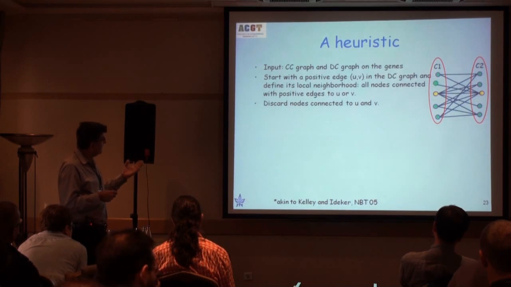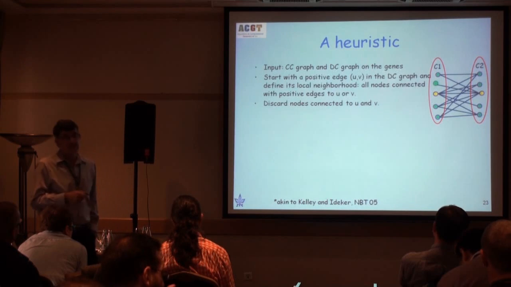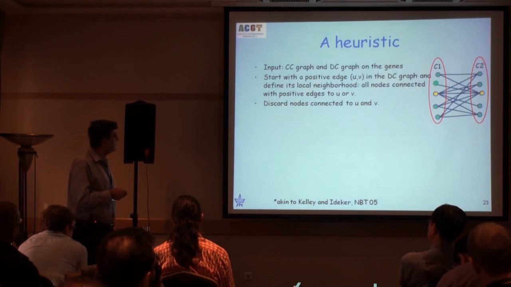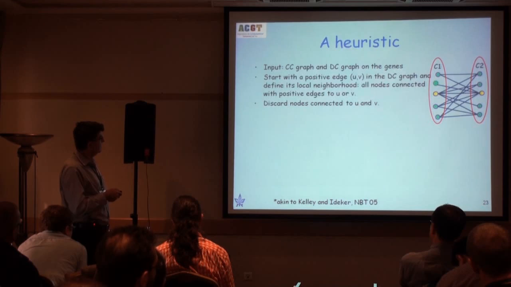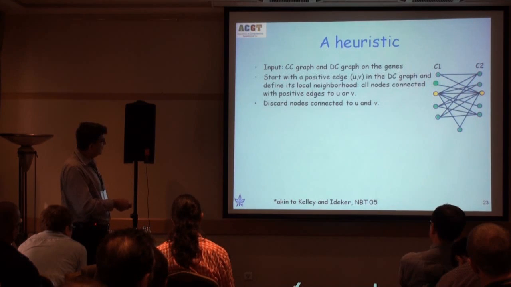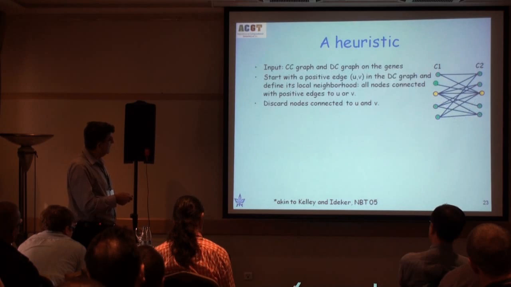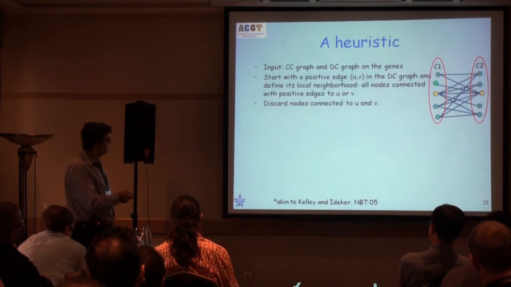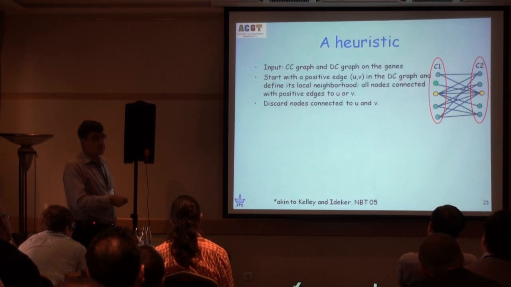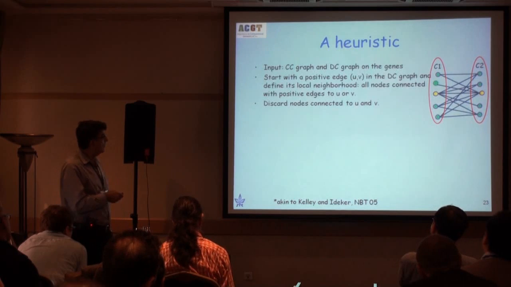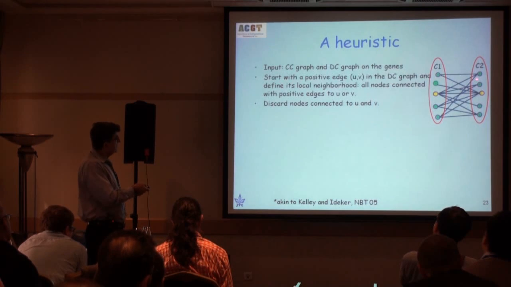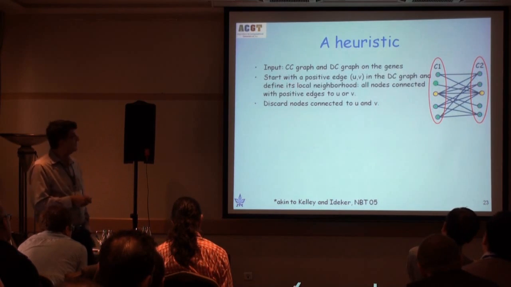So we apply several filtering steps in order to clean this set. First of all, we remove this node that was connected by blue edges to both. And then we check the red and the green degree, or actually the red and the green weight, of each of those particular nodes.